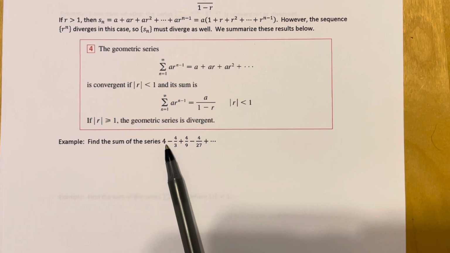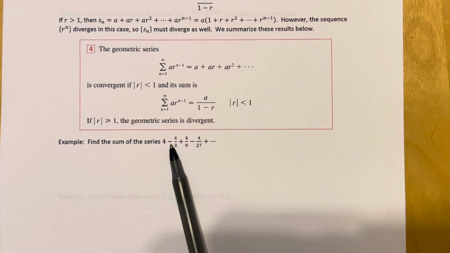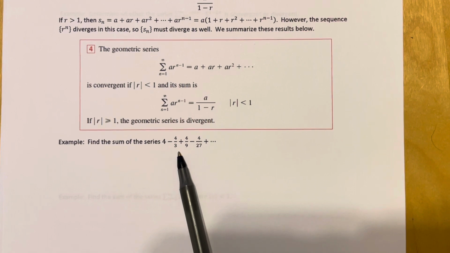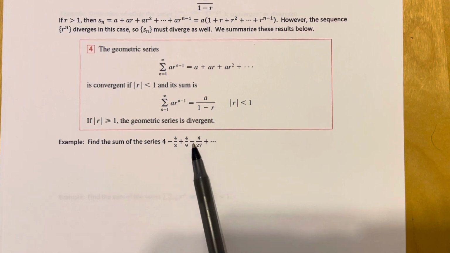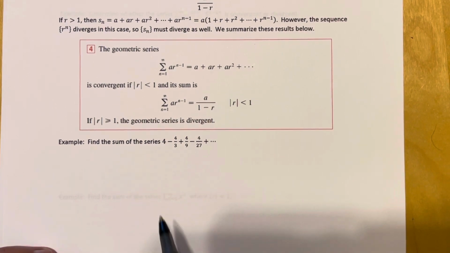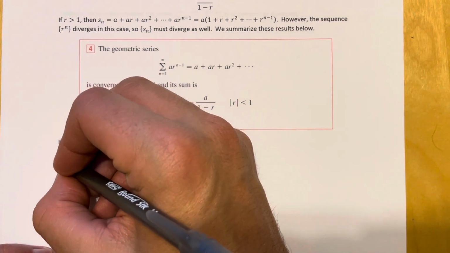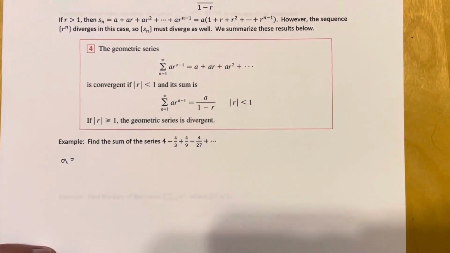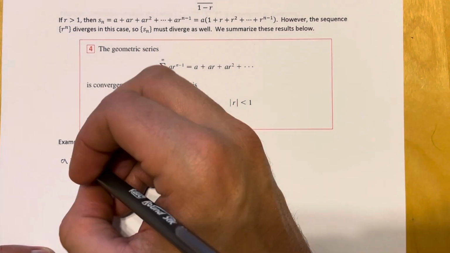So in reality, I didn't multiply 4 by 1/3. I multiplied it by a -1/3 to get a -4/3 here. And then if I multiply that by another -1/3, then I'm going to get a +4/9. And then you can kind of see that pattern continuing here. So in this case, my first term, which we call a in this formula up here, was 4.